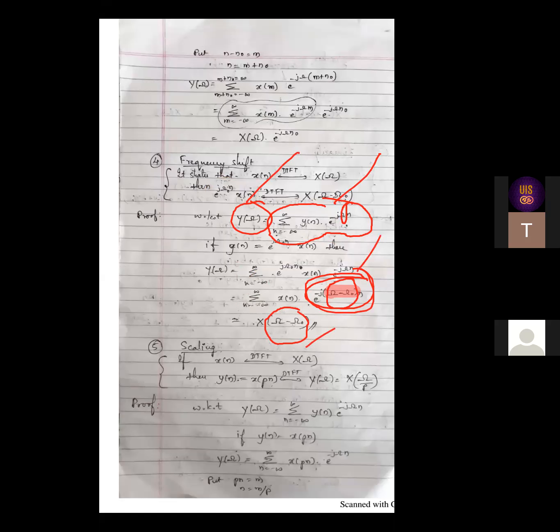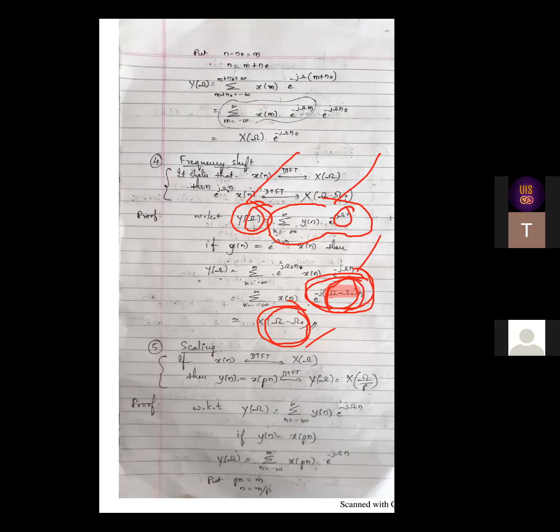Just compare it. In the original equation the power is simply omega, so your Fourier transform is for omega. Here the exponent has the value omega minus omega naught, so your Fourier transform is for omega minus omega naught. So this is about time and frequency shift.